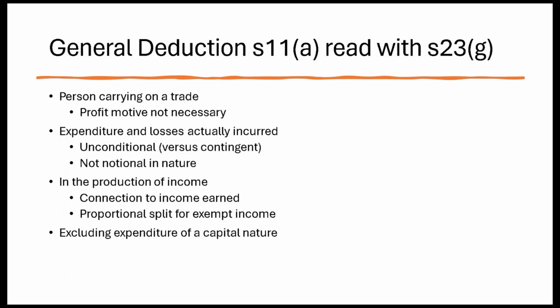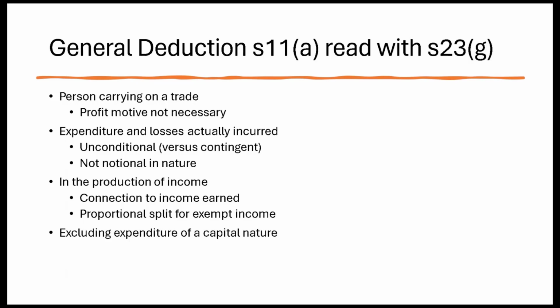So if I spend 10,000 Rand on this laptop, but I use it 50% to facilitate this course, I can only claim 50% as a deduction for tax purposes. The other 50% is not for carrying on a trade, it's a personal expense. I cannot claim it as a deduction.